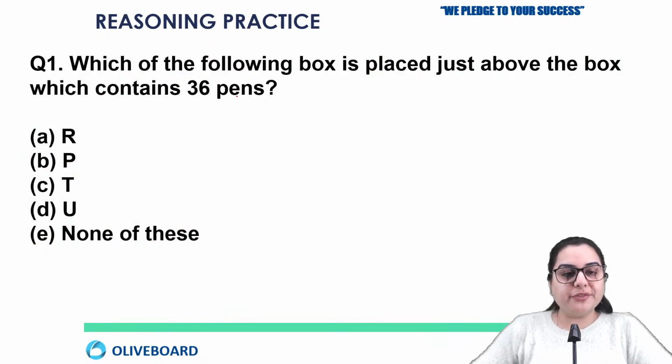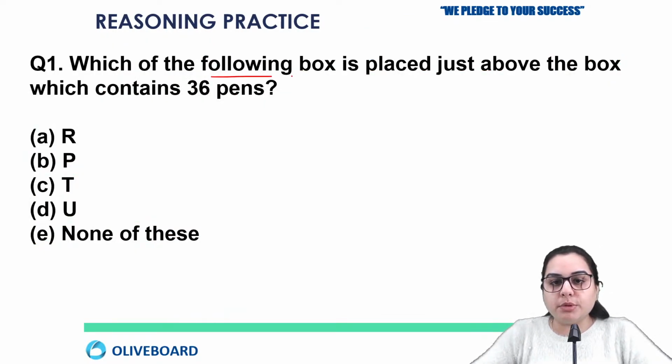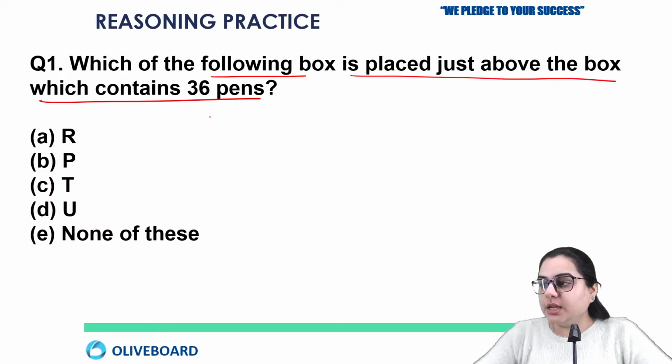So here comes your first question: which of the following boxes is placed just above the box which contains 36 pens? Now the box that contains 36 pens, which box is just above that box? So what will be your answer?